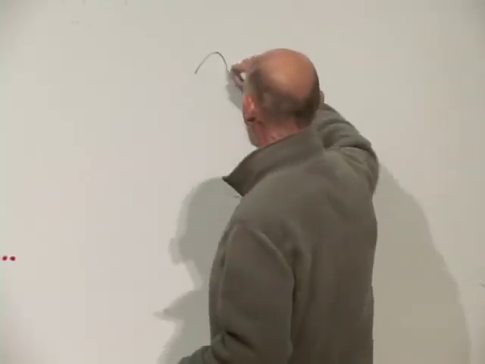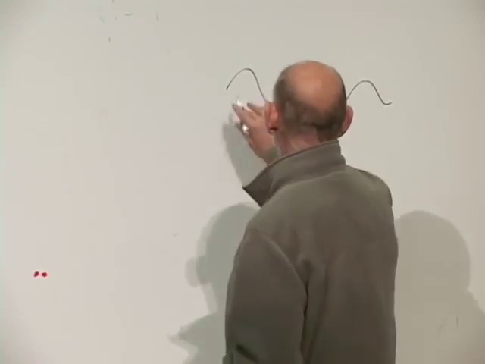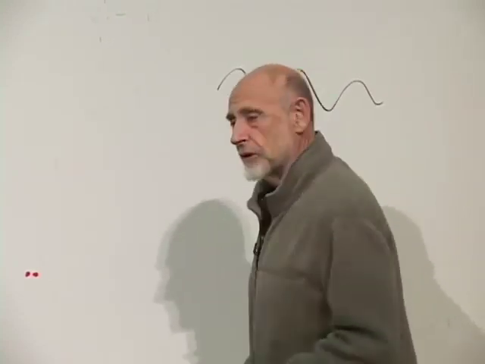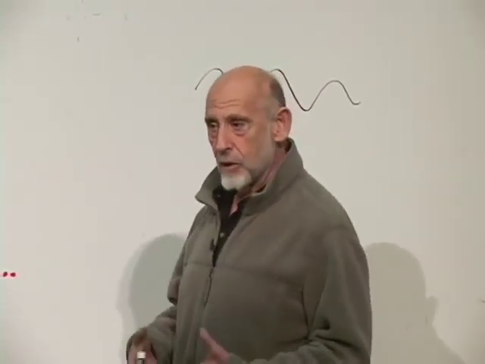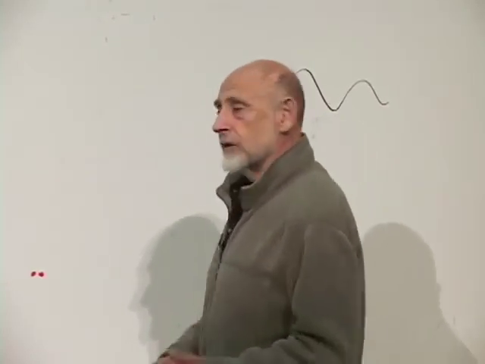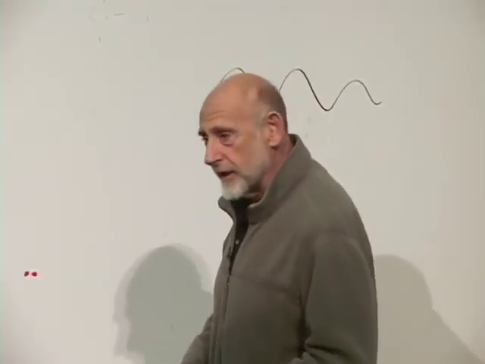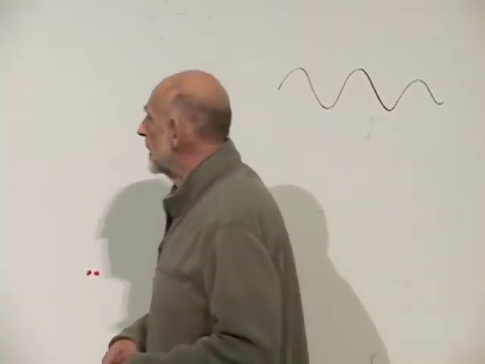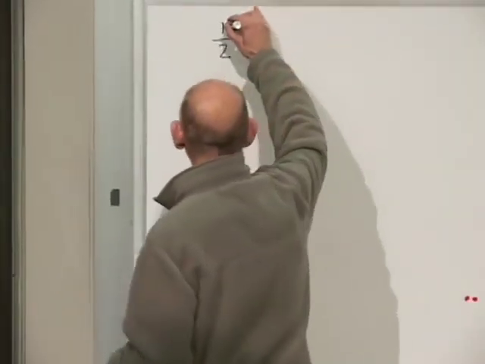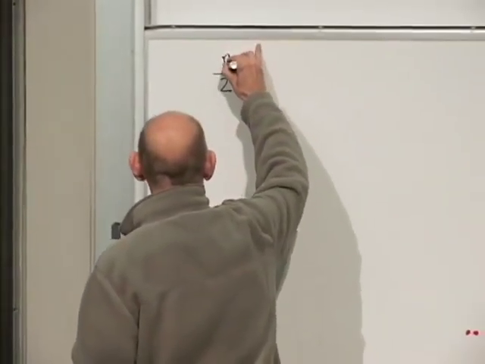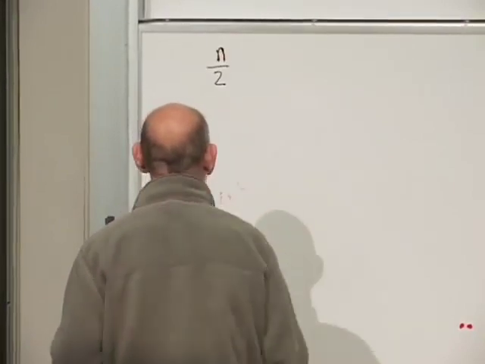Each one of the oscillating modes of the string, the nth oscillating mode has frequency n. So the ground state energy of the nth oscillator is just n over 2, in some units. Now this doesn't sound good.